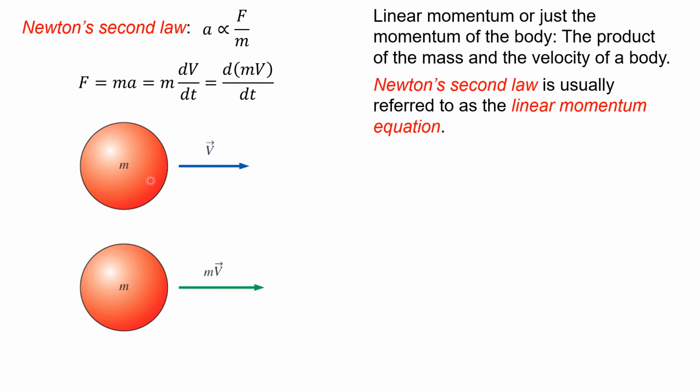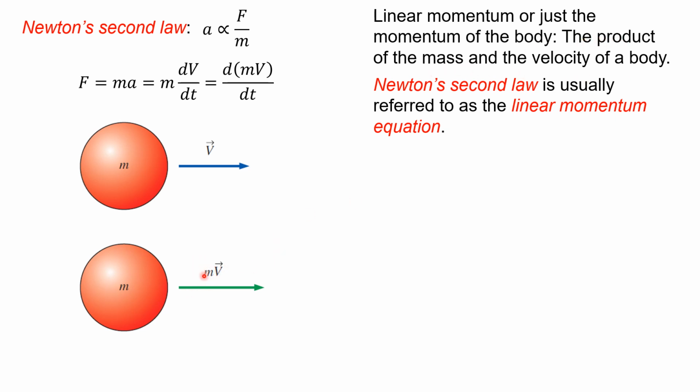So we can relate it with the velocity in terms of acceleration, and we also have mv, which is the momentum. We can relate it based on the momentum, the linear momentum or just the momentum of the body. So what is momentum? Momentum is the product of the mass and the velocity of a body.